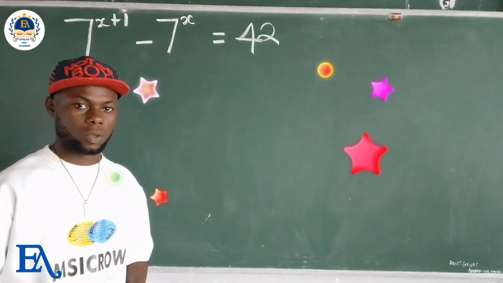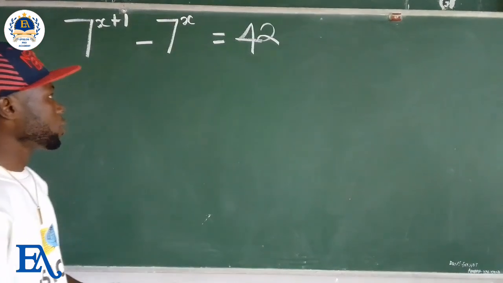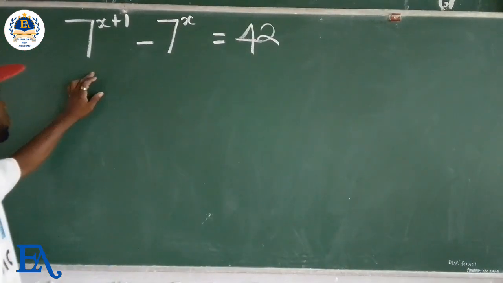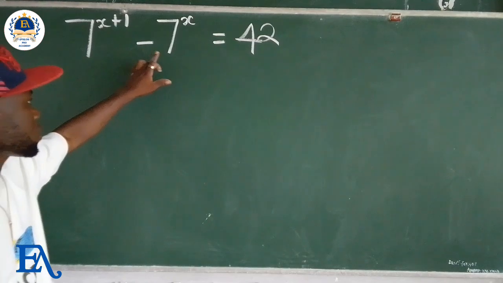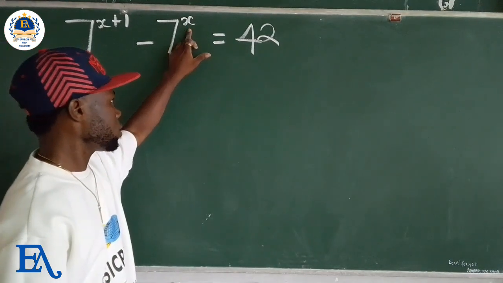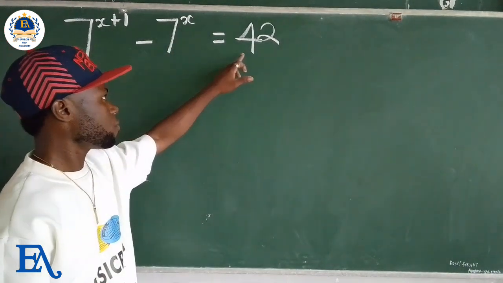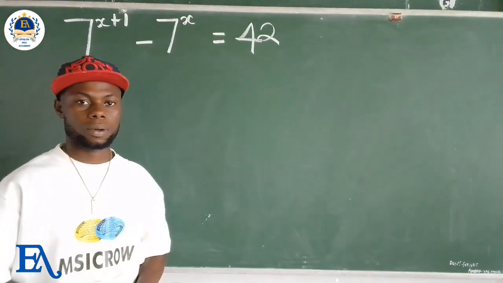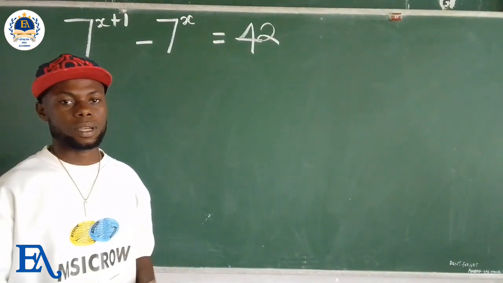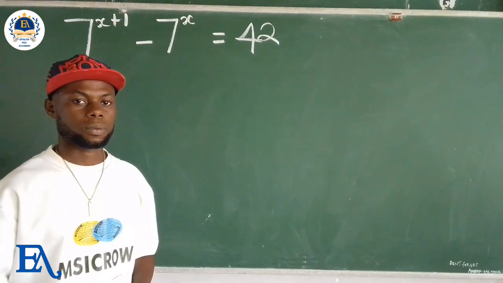Let's consider this question on the board. The question is 7 raised to the power of x plus 1 minus 7 raised to the power of x is equal to 42. The question on the board is quite complicated but simple.